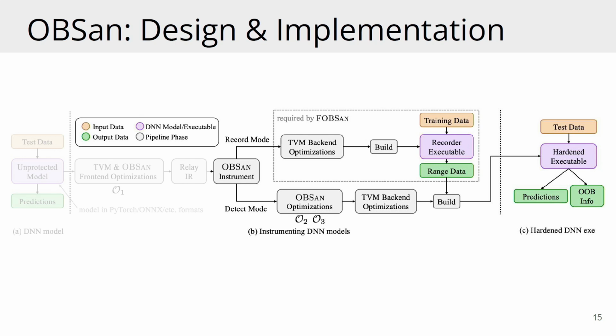For BOBSan, the backward variant, we instrument the model directly in detect mode. After instrumentation, the model will go through OBSan's optimizations and then TVM's other optimizations. Finally, it will be built as a hardened executable.